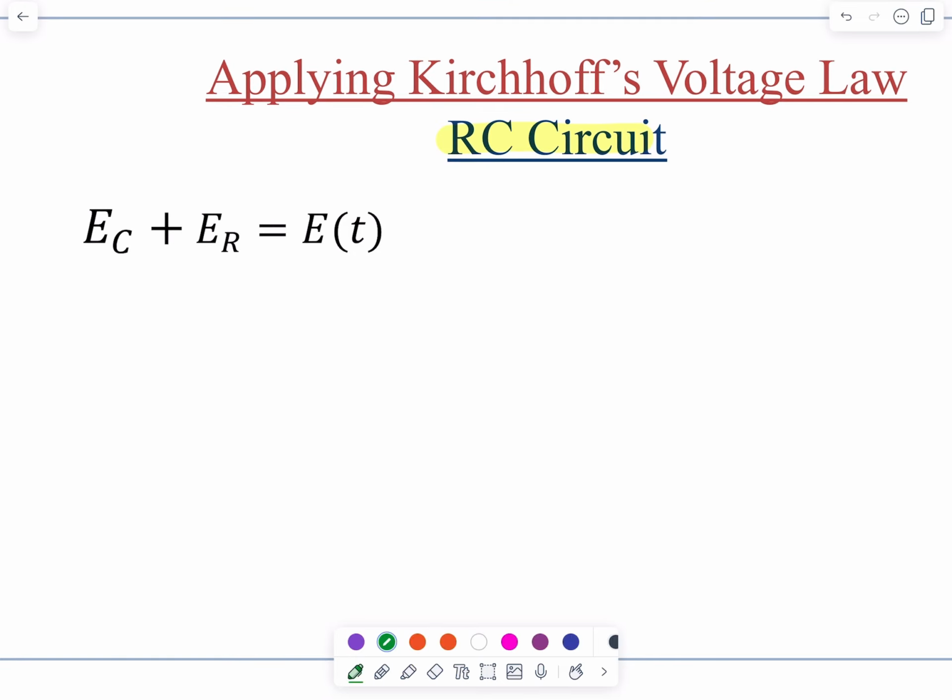Here we have the voltage drop. I'm going to go ahead and write that on the top. Across the capacitor, and then we of course have E sub R, which is our voltage drop across the resistor, just as we had in the RL circuit.